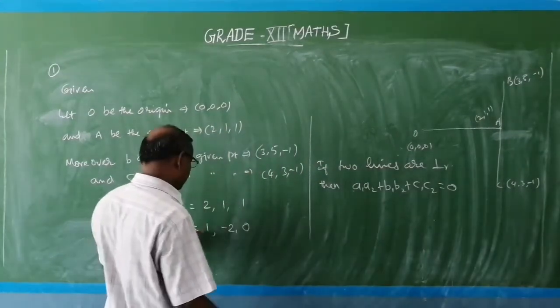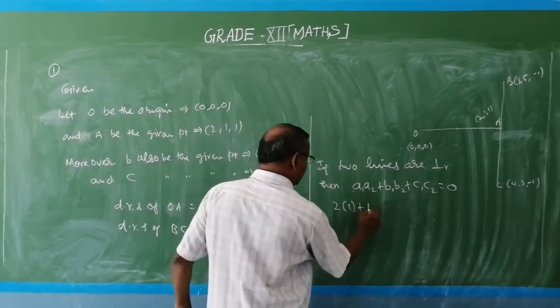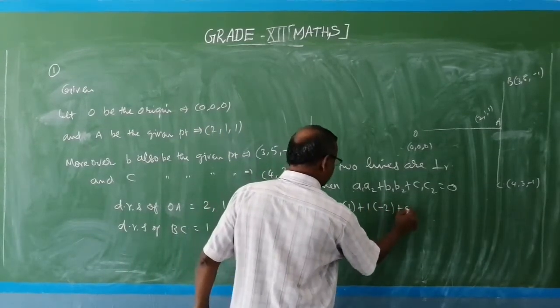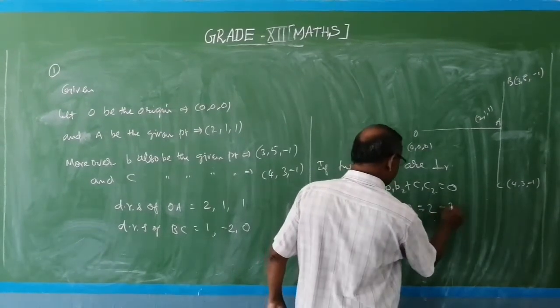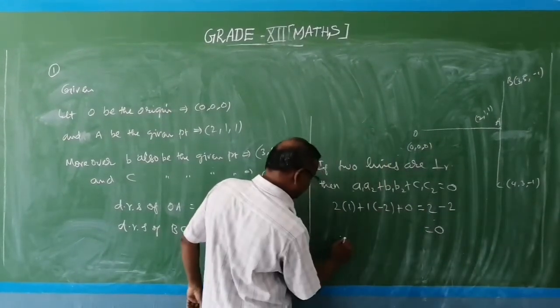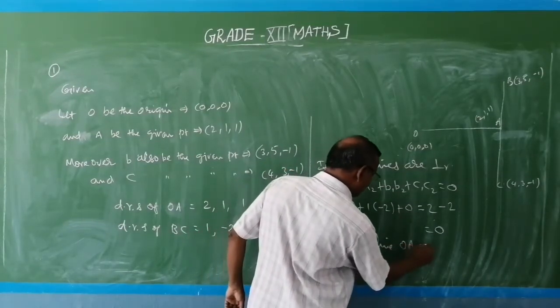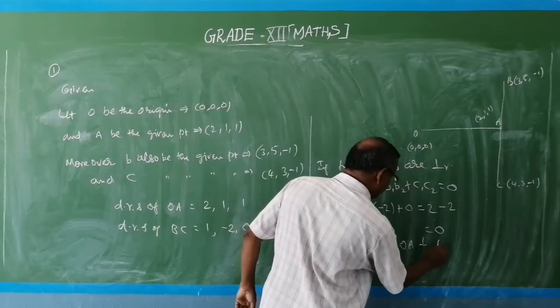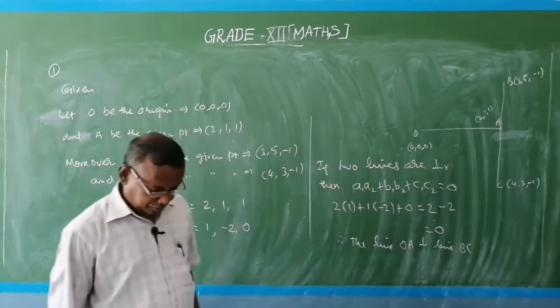Accordingly, here 2 into 1 plus 1 into -2 plus 0 equals 2 minus 2 equals 0. Therefore, the line OA is perpendicular to the line BC, hence proved.